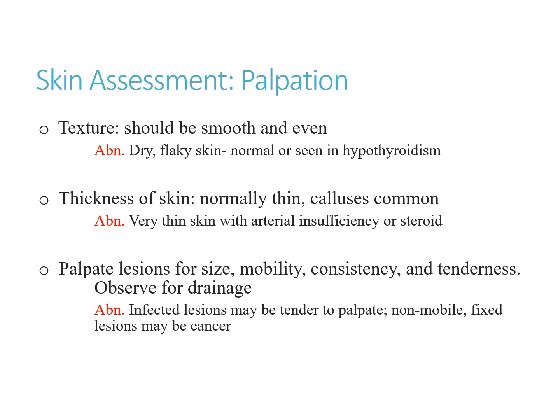But thin skin, especially in the lower extremities, can be seen with arterial insufficiency or steroids. We palpate lesions for size, mobility, consistency, tenderness, any drainage. You would document all of those things.